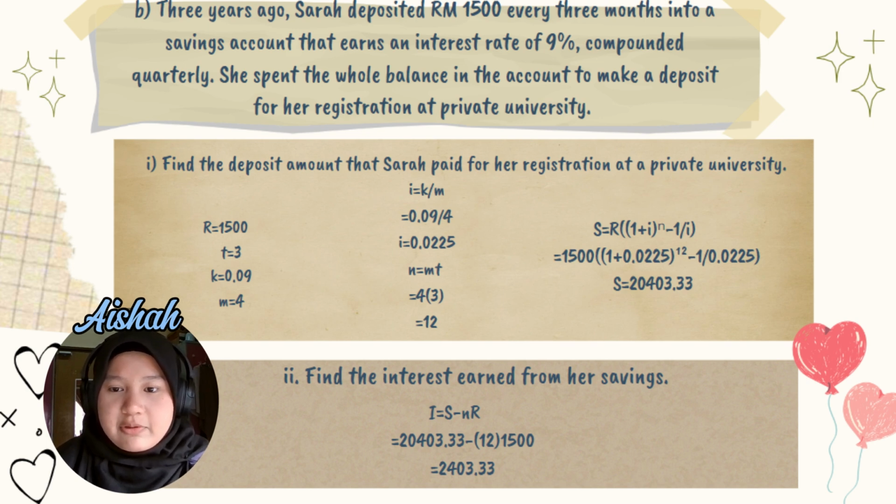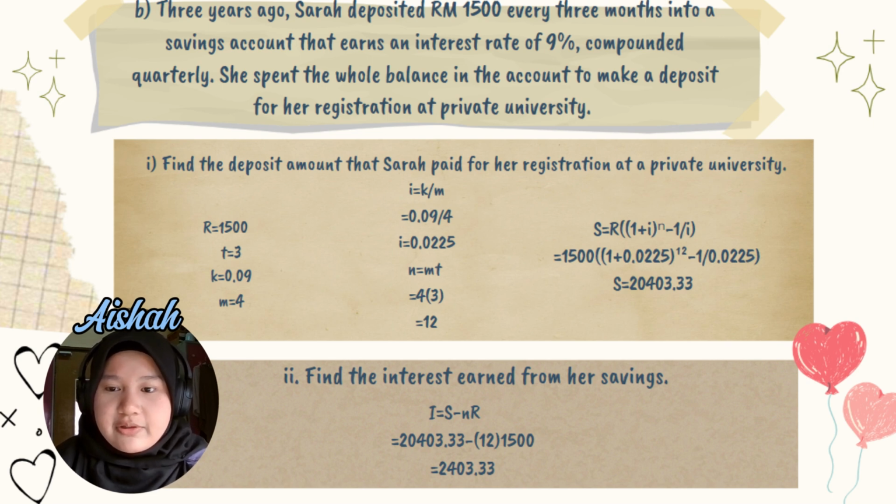First, we need to list the important information. R is 1,500, t is 3 years, k is 9%, change it to 0.09, m is 4. First, we need to find the periodic interest rate, which is the formula i equals k over m. k is 0.09 and m is 4.